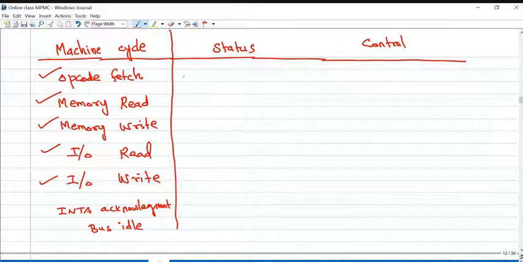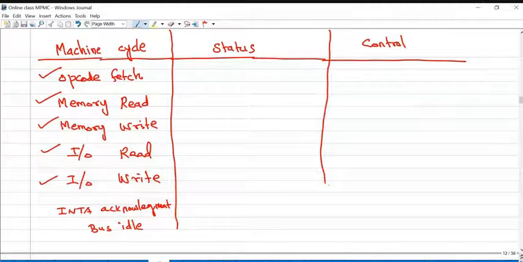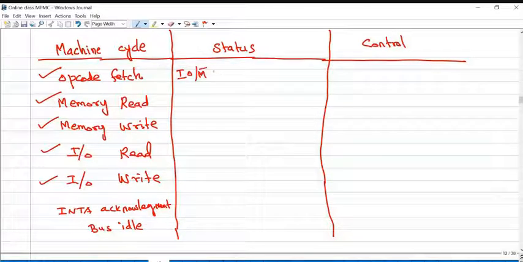To show the status of the microprocessor, the timing and control unit issues some status signals as well as control signals. For opcode fetch, to explain whether it is IO or memory communicating with the microprocessor, IO/M bar represents whether the microprocessor is communicating with memory or an IO device.